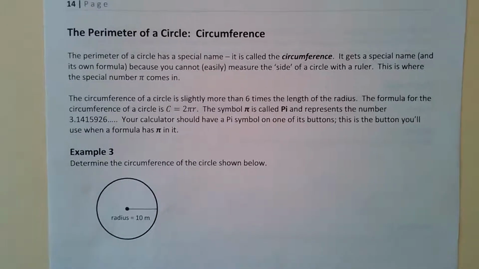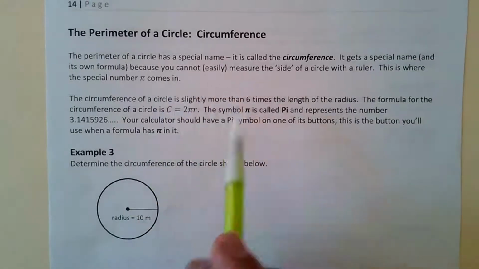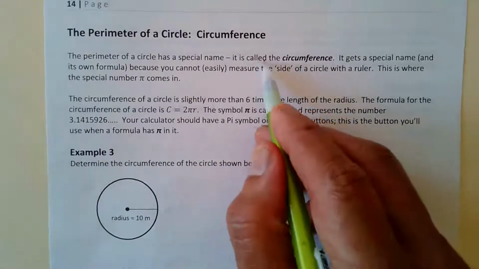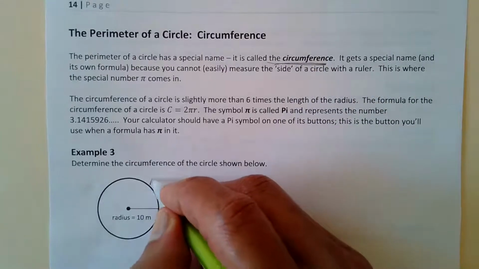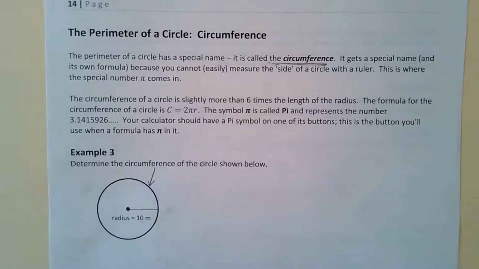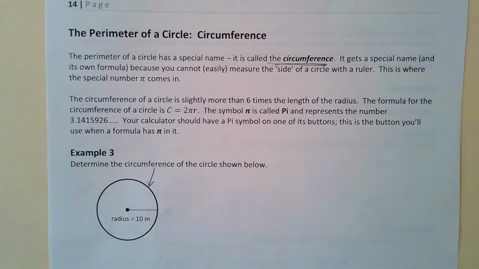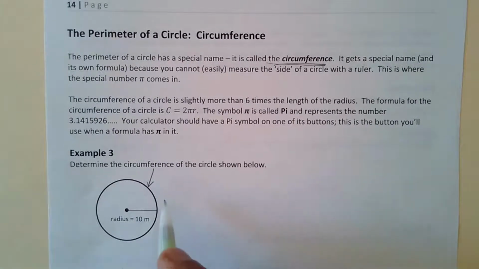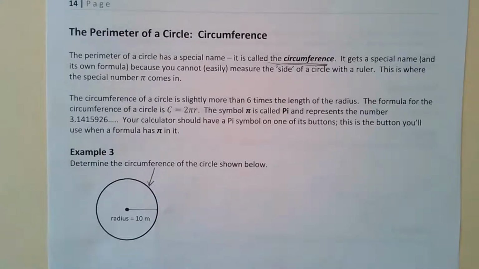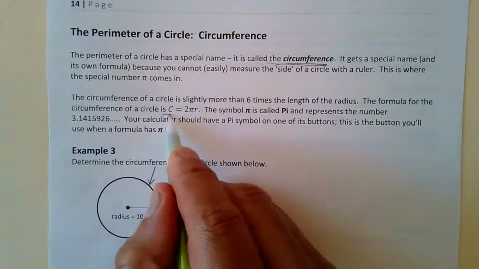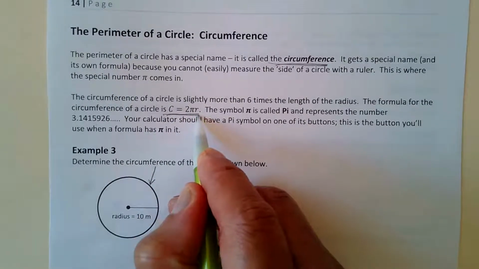And it's a special name. So the distance around here we call the circumference. But the distance around the circle, we have a special formula for that. And it's C equals 2 pi r.